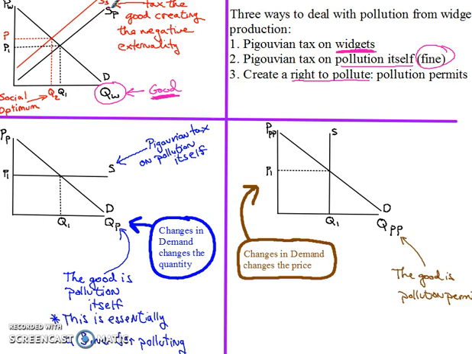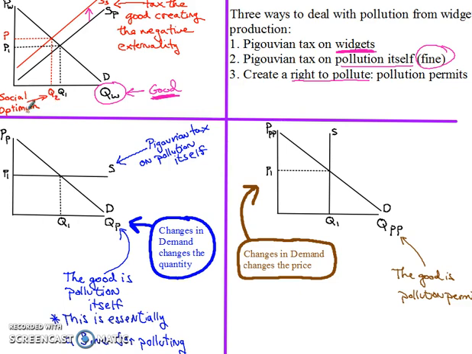To solve the negative externality problem, where there's a difference between the private supply curve and the social supply curve, we are going to tax the good that is creating the negative externality. That means we're going to tax widgets. We did this on a previous video. That tax is just going to shift the supply curve up by the amount of the tax, and that's going to reduce the quantity from Q1 to Q2, where Q2 is the social optimum.